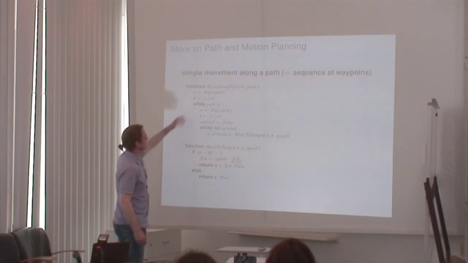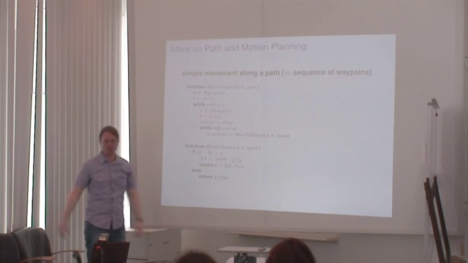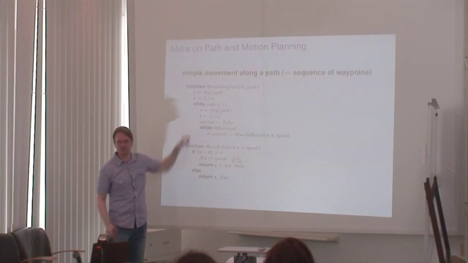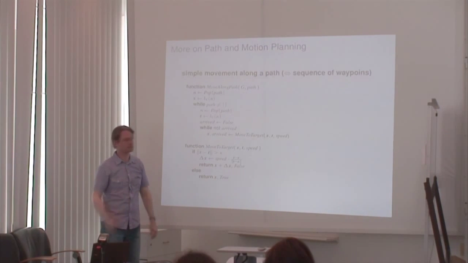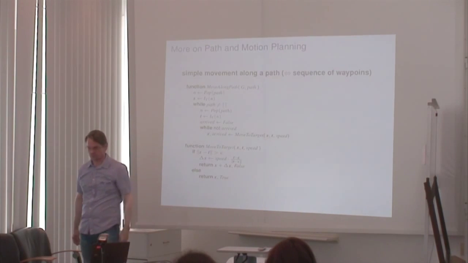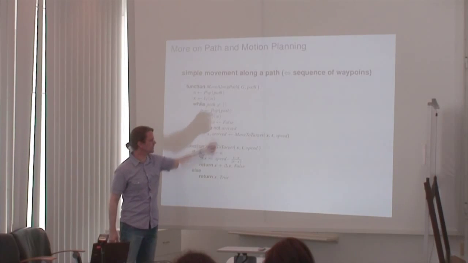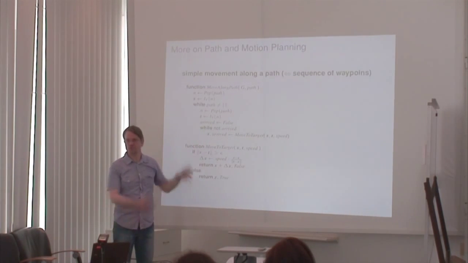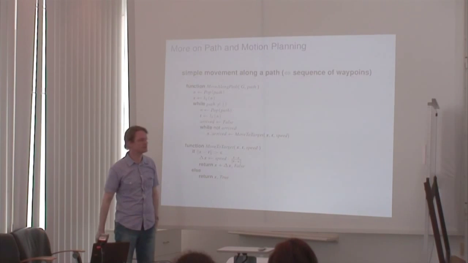And then, while this path still contains nodes, we pop the next one and call it t. This is the current target vector. And set some flag arrived to false. And then, while we have not arrived, we call this move to target function, which is basically what we discussed on the previous slide.